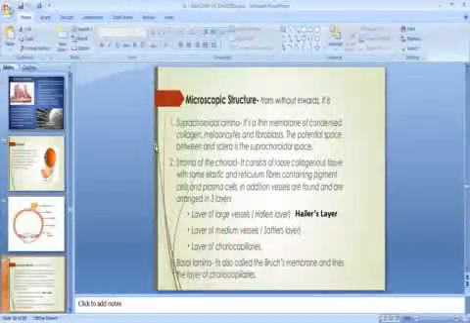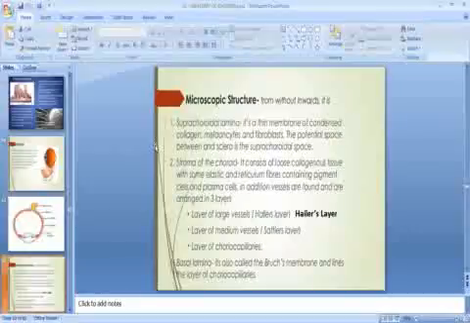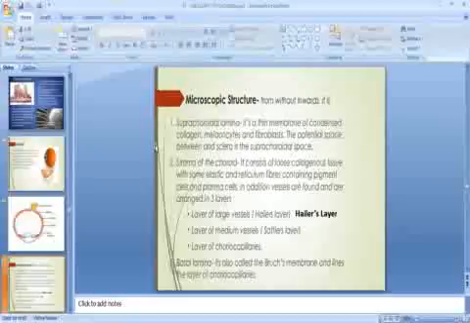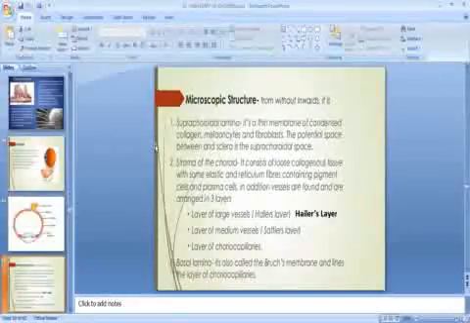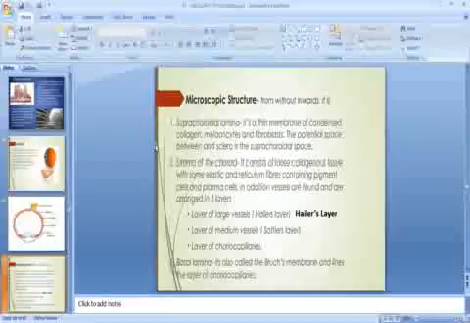Then the microscopic structure of the choroid from outwards inwards. Firstly, the suprachoroidal lamina is a thin membrane of condensed collagen, melanocytes, and fibroblasts. The potential space between this layer and the sclera is called the suprachoroidal space.